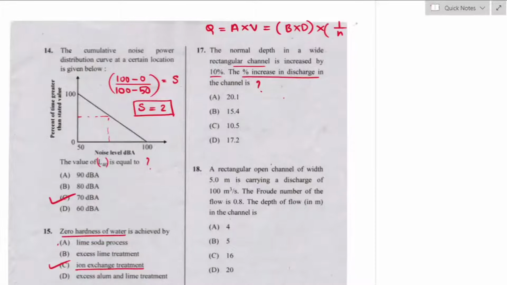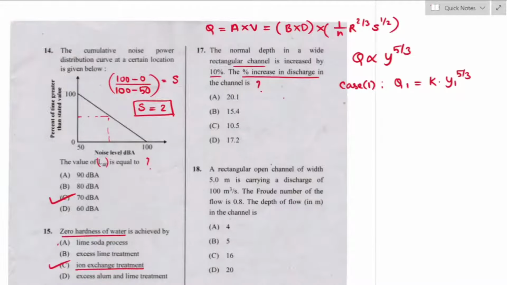Velocity is calculated by Manning's formula, that is 1 by n R to the power of 2 by 3 S to the power of 1 by 2, which means that discharge is directly proportional to y to the power of 5 by 3. So for the first case, discharge is equal to k into y1 to the power of 5 by 3. For the second case, if the discharge is increased by 10%, q2 is equal to 1.1 times of y1 to the power of 5 by 3.